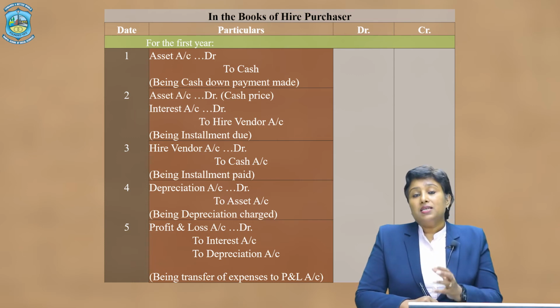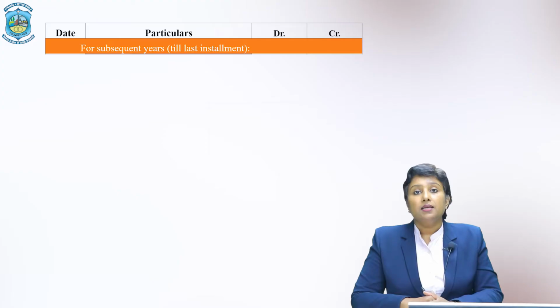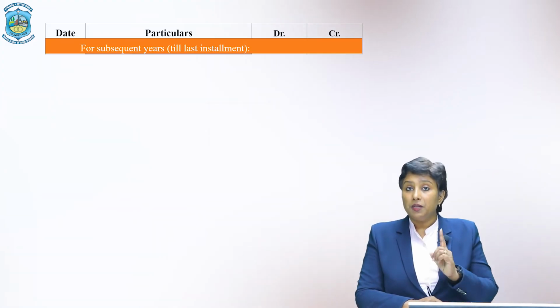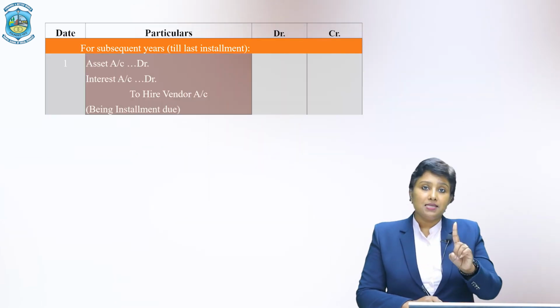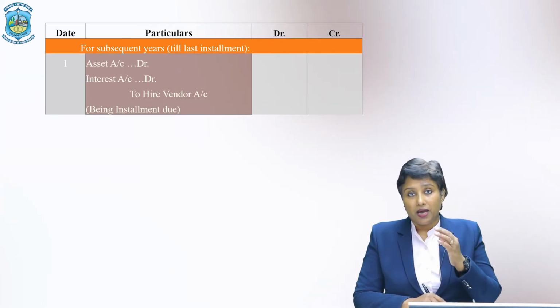Well, now the same entries, that is after passing the down payment, whatever entries you have passed, that is for making the installment due, for making the payment of installment, for charging depreciation, and the transfer of depreciation and interest to profit and loss account, will be made year after year for the time the agreement continues or till the last payment has been made. So I'll repeat, from the next year onwards, in the subsequent years, the four entries which you are going to pass will be: for the installment due, asset account debited, interest account debited to hire vendor.